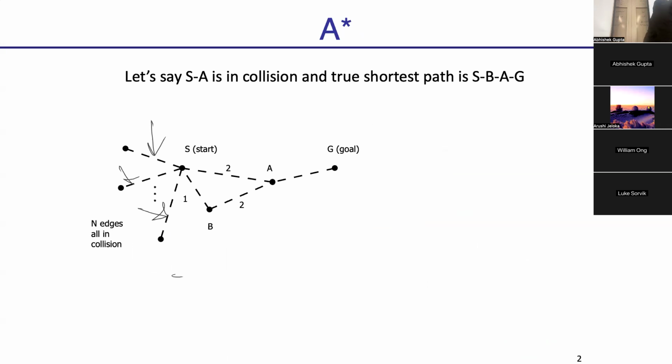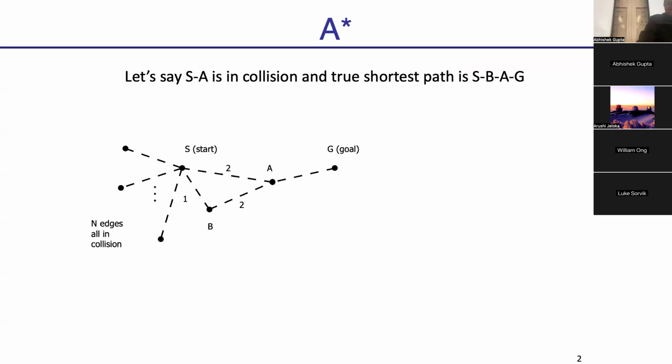And then the optimal path to the goal is S, B, A, G. Let's consider that to be the optimal path. That doesn't actually look right, right? It should be SAG. Okay, but we renamed this. It doesn't matter to make the point. There's a mistake on my part.